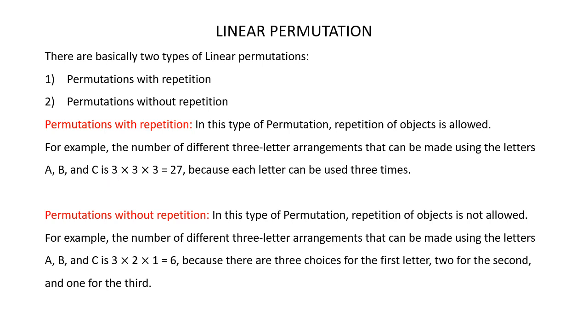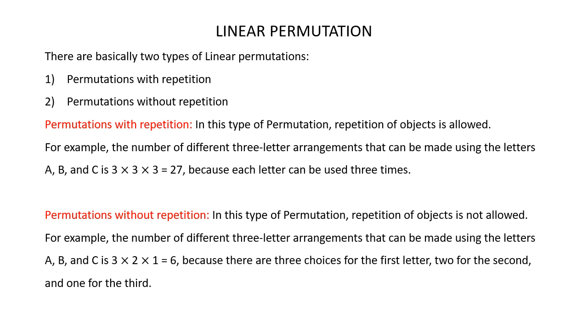Now since repetition of objects is allowed, the second letter of the three-letter word can also be A, B or C. So for the second letter of the word also you have three choices because repetition of objects is allowed. Similarly, for the third letter of the word also you have three choices: A, B or C. So you have three choices for the third letter of the word also because repetition of the letters is allowed.